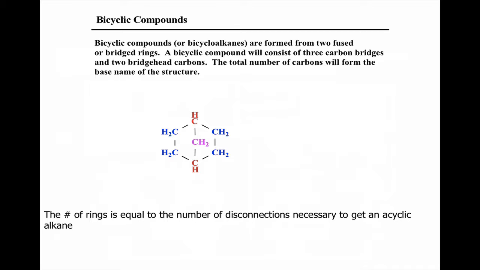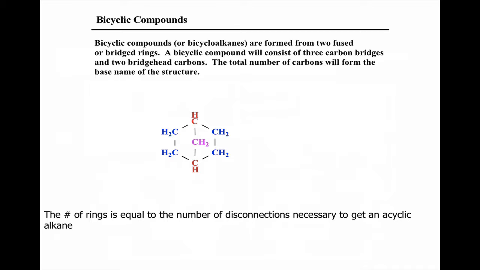Now, if I look at this, I can imagine a ring being something where I start at one point and never lift my finger and get back to the starting point, right? Would you all agree that that's kind of a ring? So you can imagine that there's 1, 2, 3 rings. But the answer would be wrong. There are only 2 rings in here. This is a bicyclic compound.